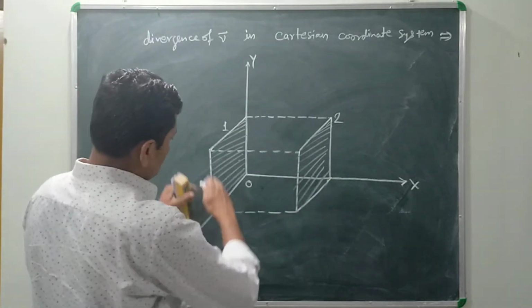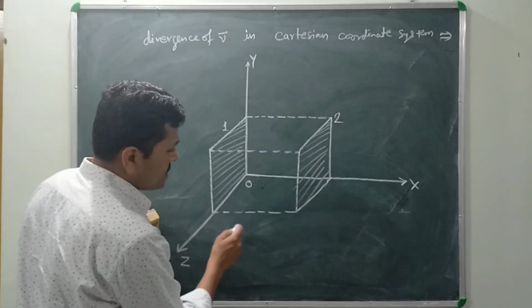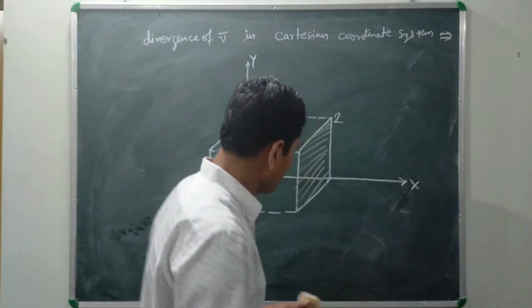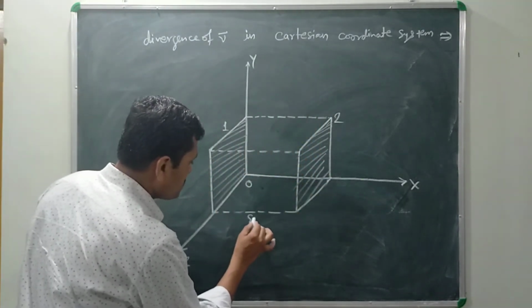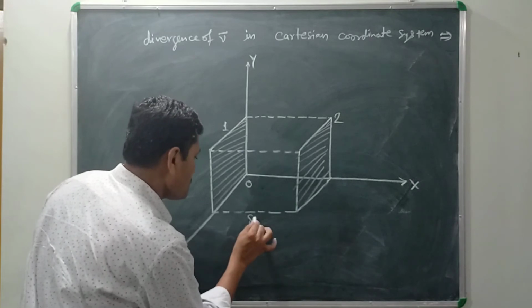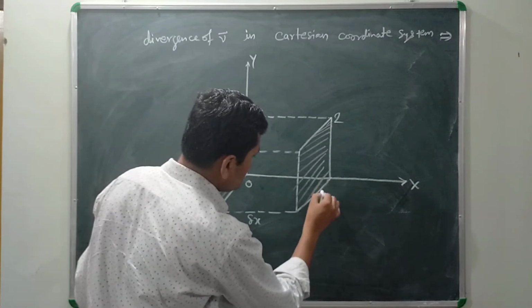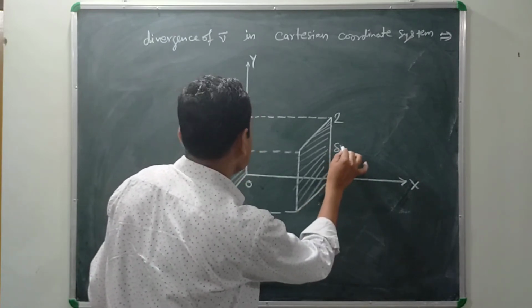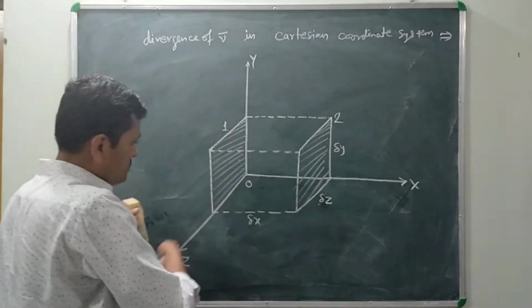Let us consider that the sides of this cuboid are delta x, delta y and delta z, and these are very, very small. So along x-axis, say the length of this side is delta x. Along y-axis, the side length is delta y. And along z-axis it is delta z.